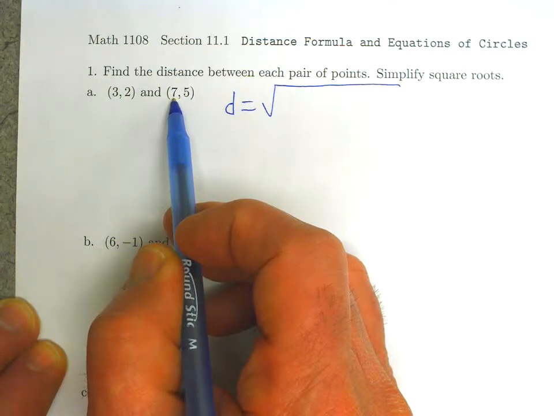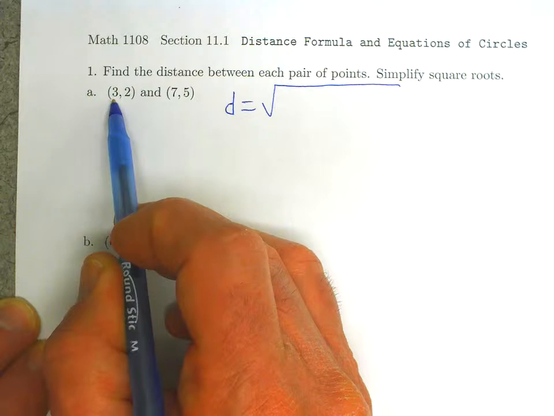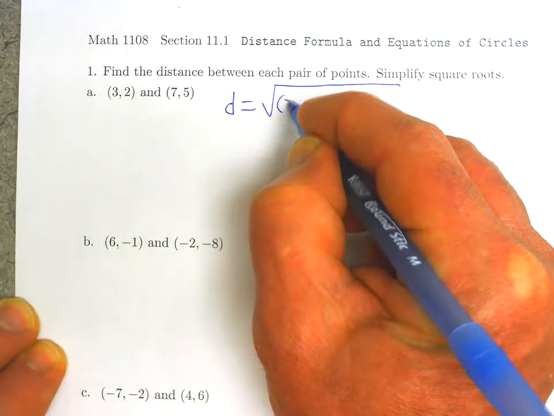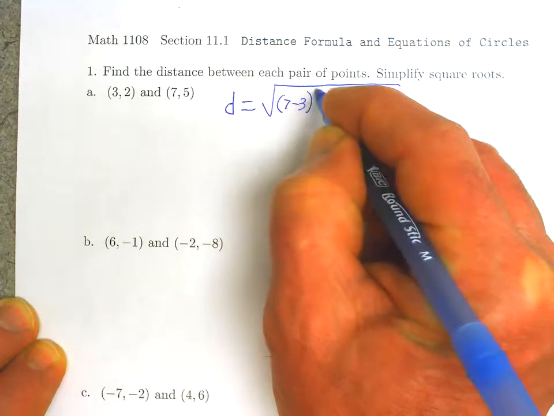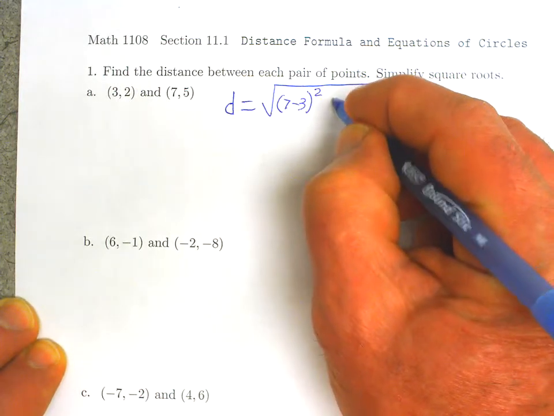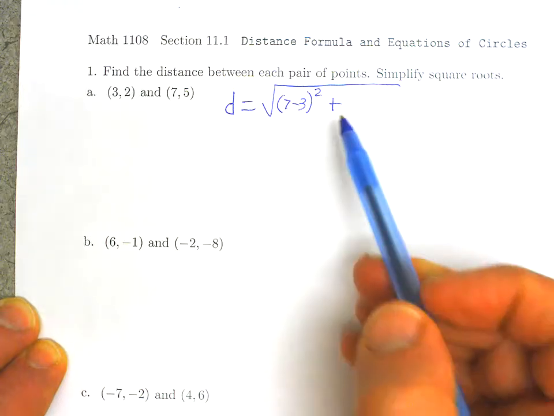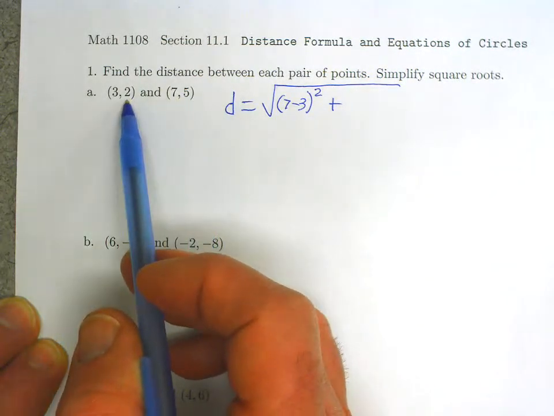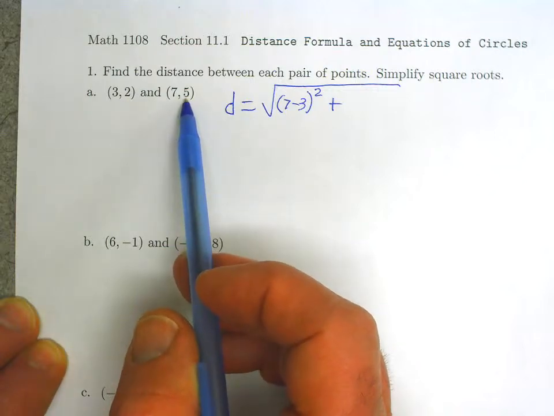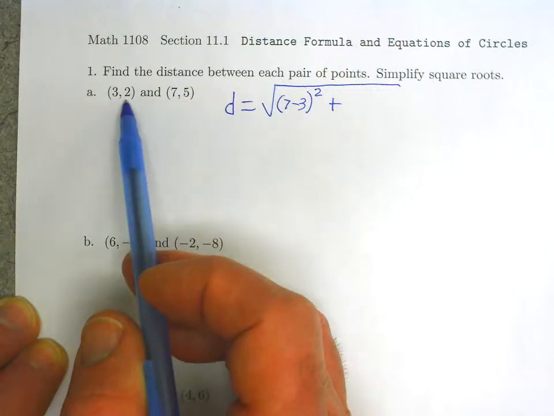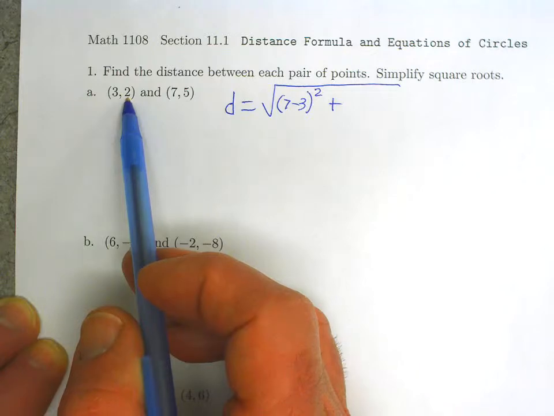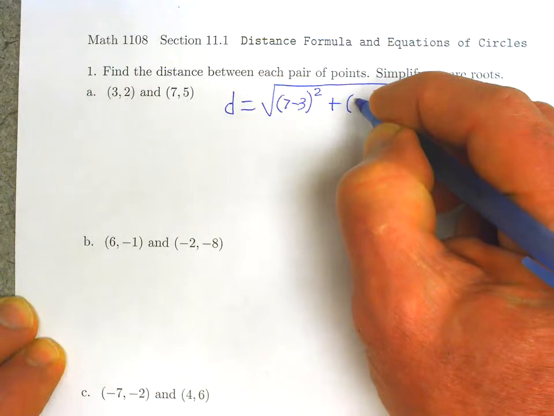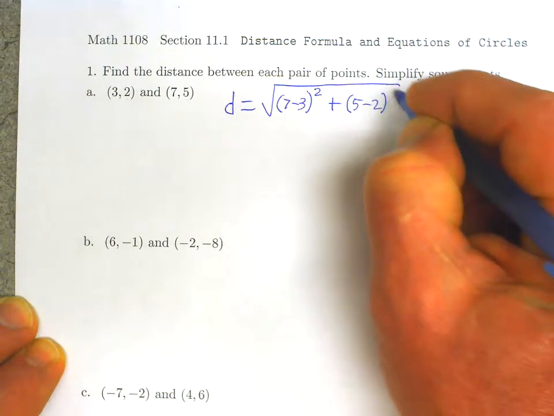This x coordinate is 7, this x coordinate is 3. So in parentheses, 7 minus 3, and then we square that quantity. And then we're going to add the square of the difference in the y coordinates. The y coordinate at this point is 5. The y coordinate of the other point is 2. So I can write plus the quantity 5 minus 2 squared.